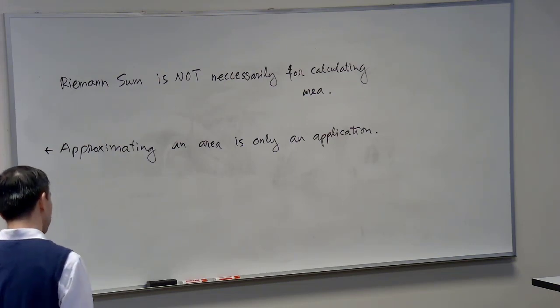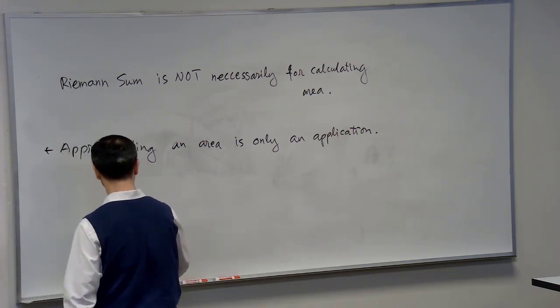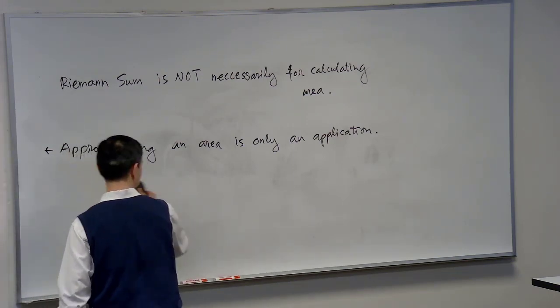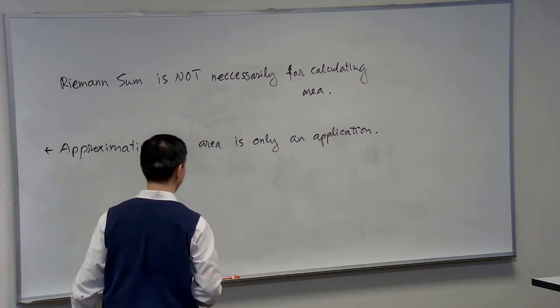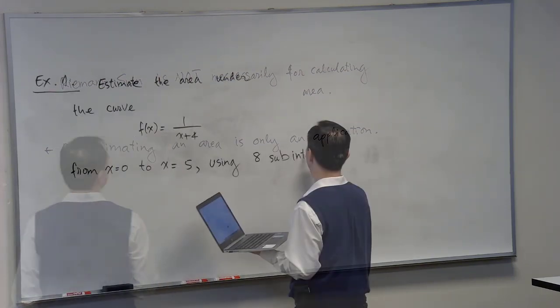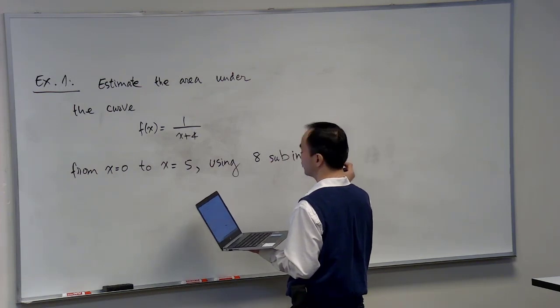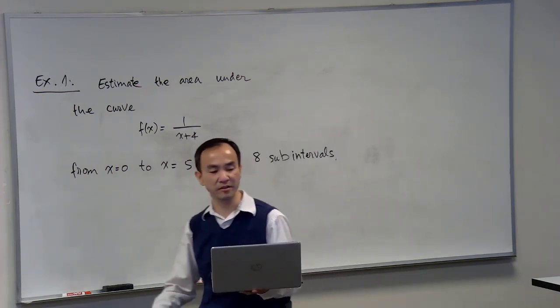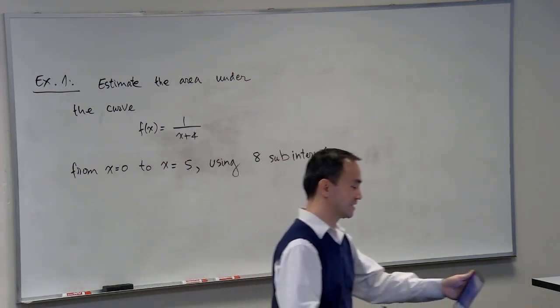All right. So now, after taking this understanding right here, I can take you guys into an example. Sometimes you may call that using 8 approximating rectangles and things like that, right?